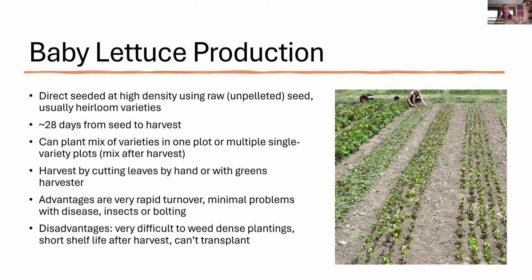So with baby lettuce, you're seeding anywhere from 12 to 30 seeds per foot, depending on whether you're doing a single line or a band. And you're looking at about 28 days from seed to harvest, maybe a little bit longer in early spring or late fall.